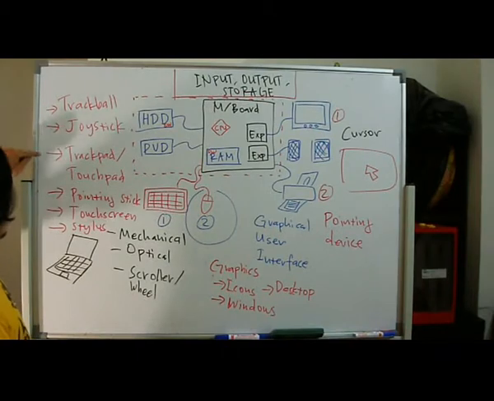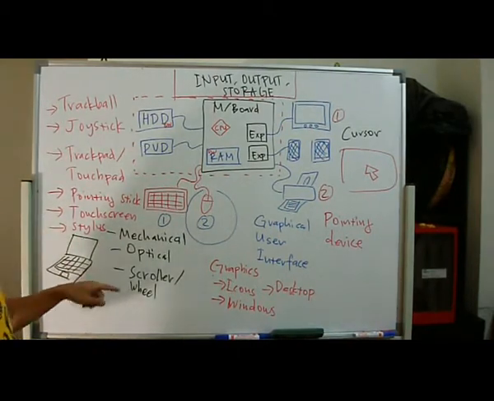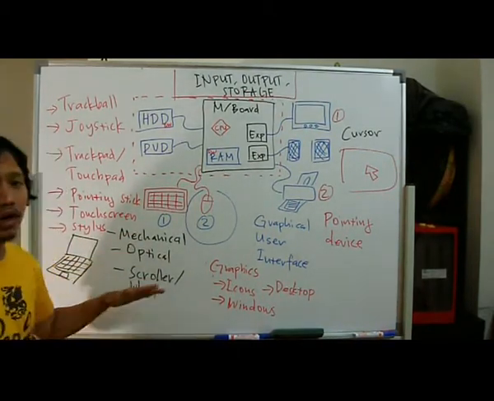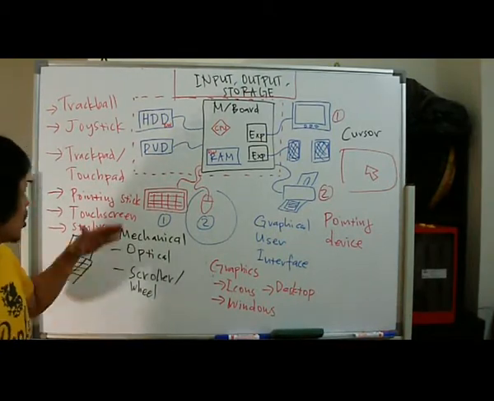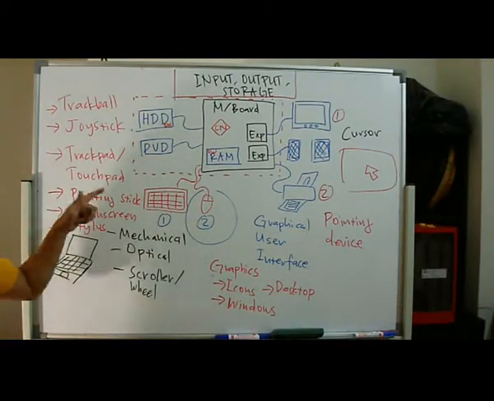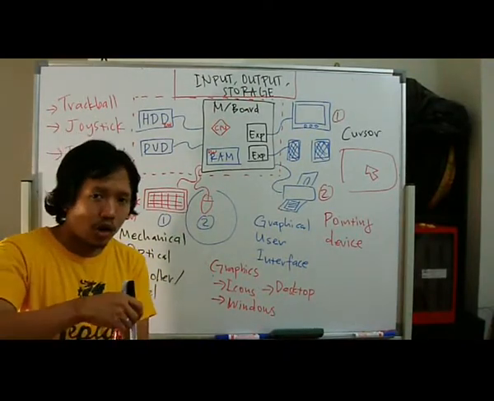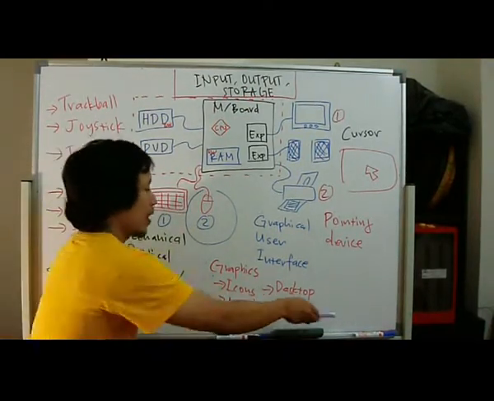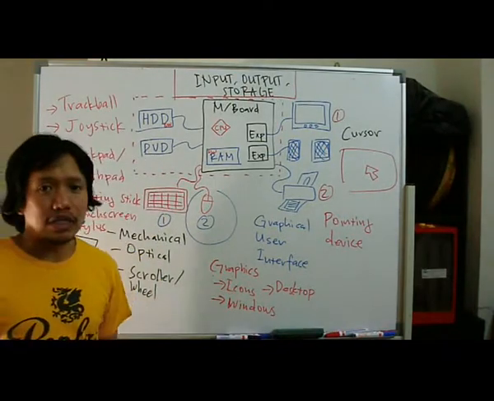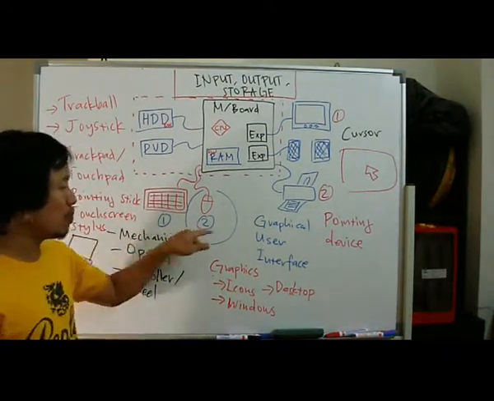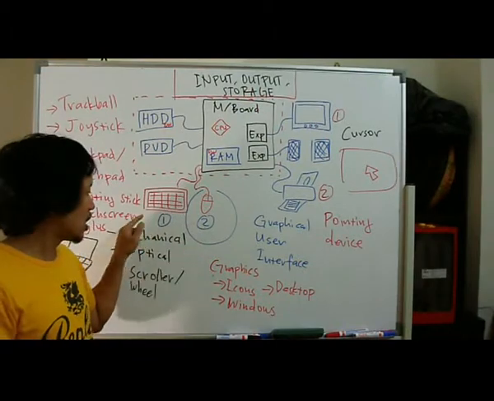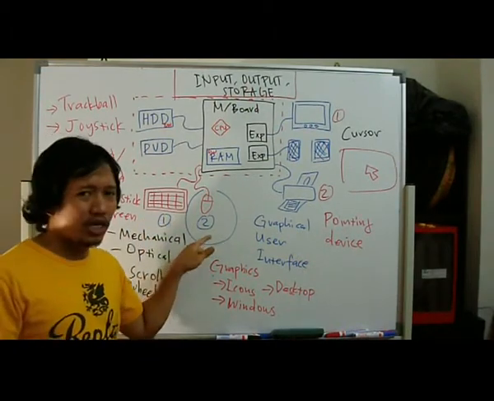Let's see, 1, 2, 3, 4, 5, 6 different kinds, aside from the regular mouse that we use, right? You might have other things that you might have used for your pointing device. For example, some of you might have used a drawing tablet kind of thing, right? And these are all pointing devices, and these are the two input devices that we've discussed: keyboard and pointing device.